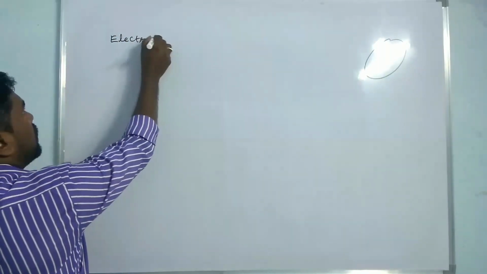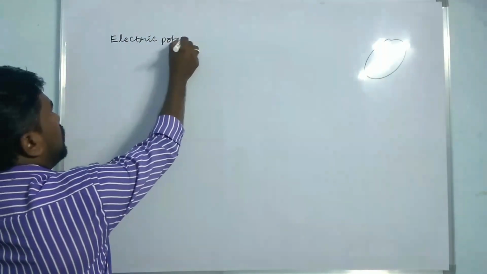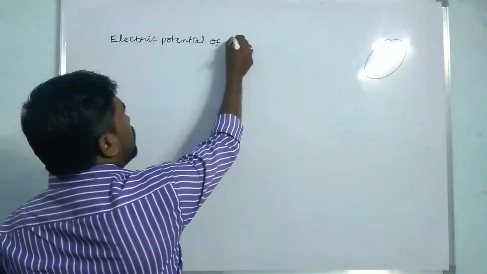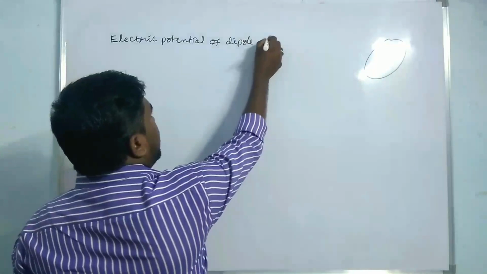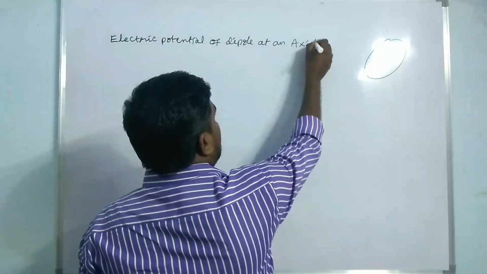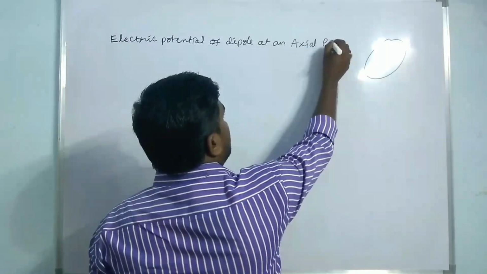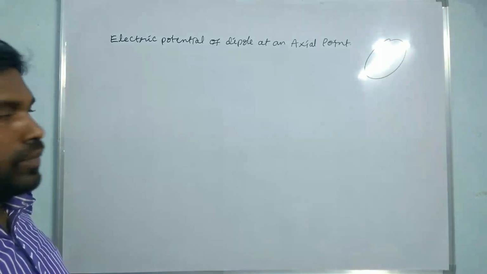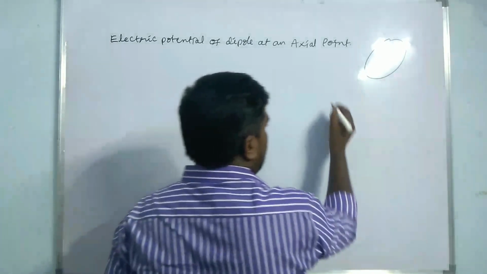Electric potential of a dipole at an axial point. What is meant by the axial line?